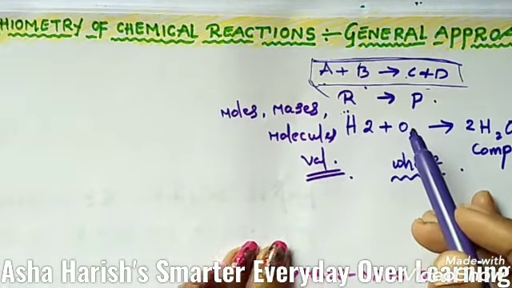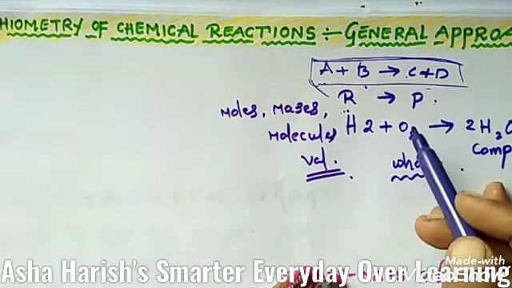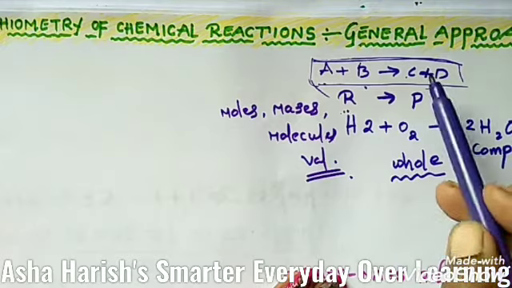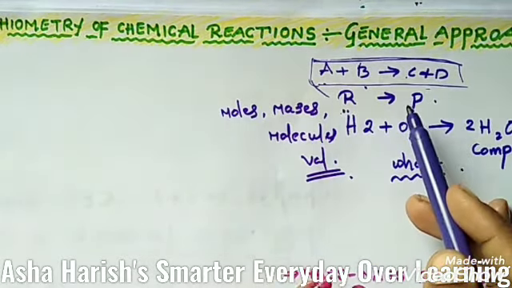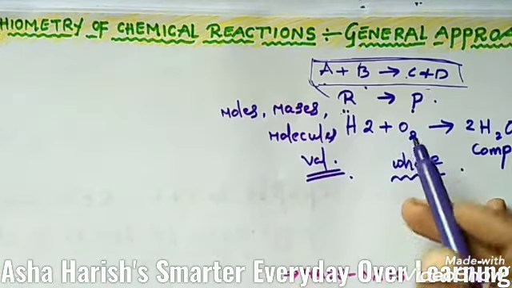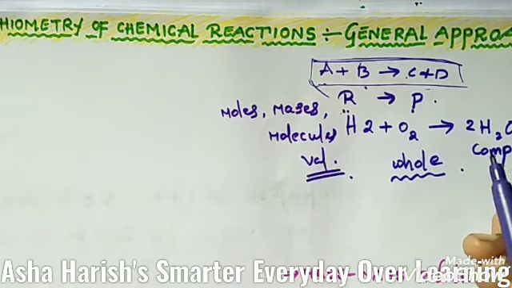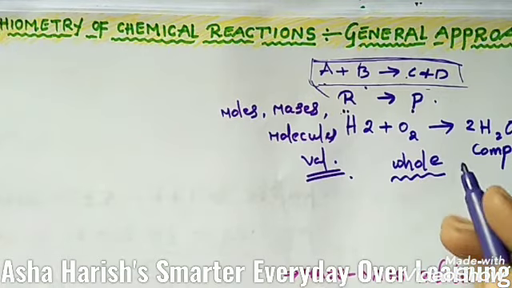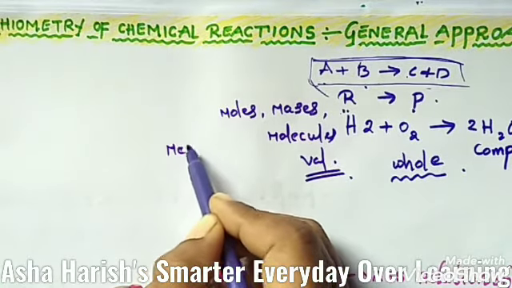When it is written in the balanced form, it gives a quantitative relationship between the various reactants and products in terms of volumes, masses and moles and molecules. This is only stoichiometry.